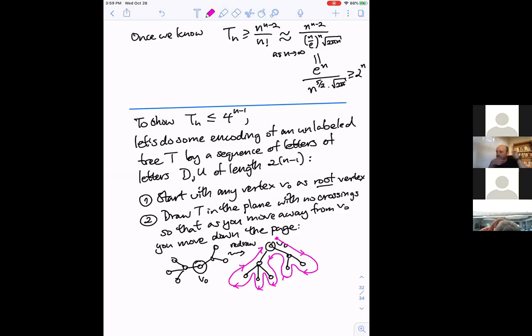All right, so let's write down the sequence of downs and ups. Here I went along an edge down, another edge down, then along that same edge I went up, and I went down, up, down, down, up, down, up, down, up, up.